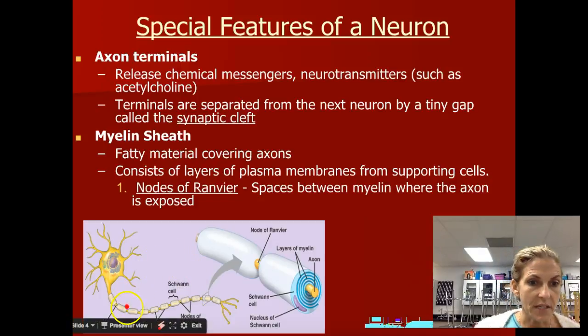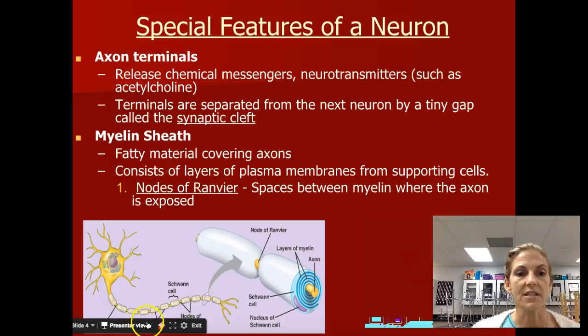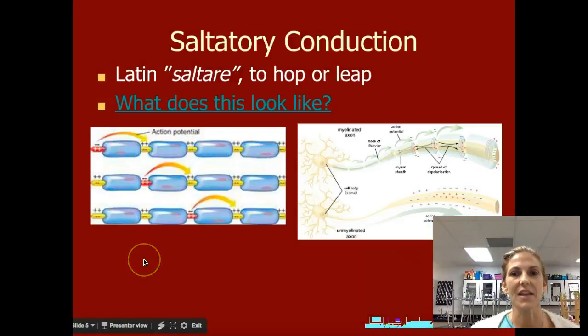The other thing, in between each of these cells making up the myelin sheath, there is an exposed axon, and that exposed axon will be called the node of Ranvier. So the node of Ranvier is the space in between the Schwann cells in this case that allows for impulses to travel. So the important thing about the myelin sheath here is that it creates a faster transmission.